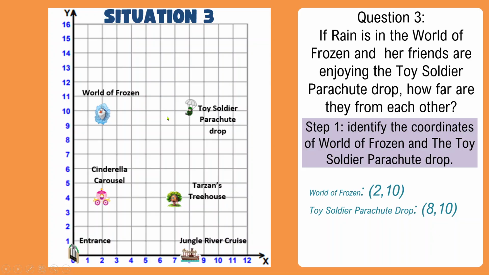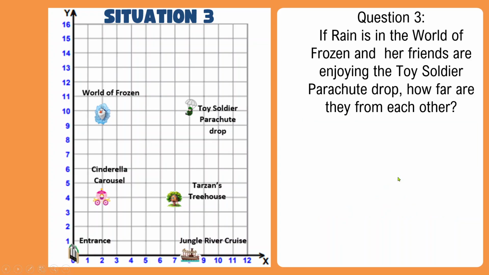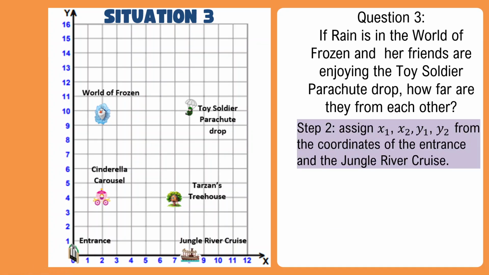The World of Frozen is at 2 horizontally and 10 vertically. So 2, 10. Then the Toy Soldier Parachute Drop is at 8 horizontally and 10 vertically. So 8, 10. Next step. Assign x sub 1, x sub 2, y sub 1, y sub 2 from the coordinates of the entrance and the Jungle River Cruise.